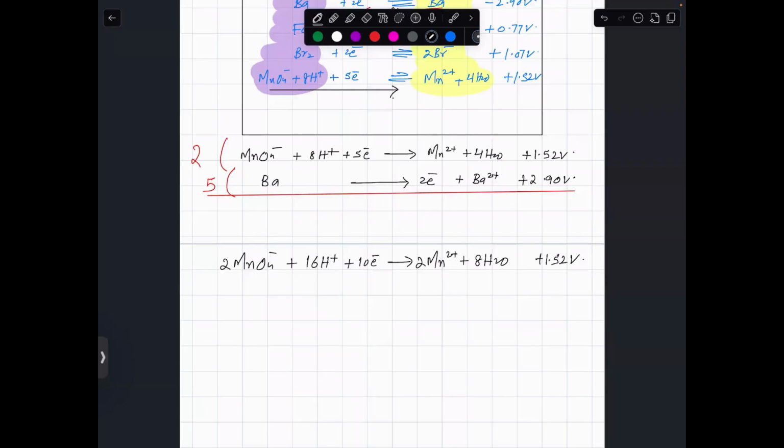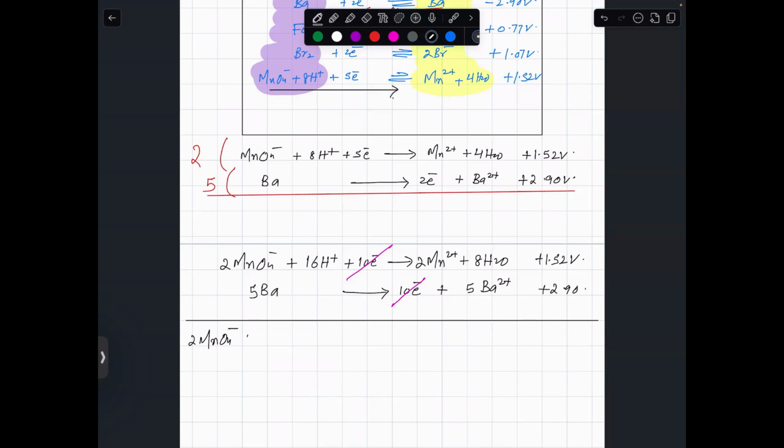Now, multiply the lower one by, not 2, sorry, 5. 5 times 2 is 10 electrons. 5 barium. Now, what is the overall equation? Cancel the electrons, and if anything else is the same, it's also cancelled on both sides, right?